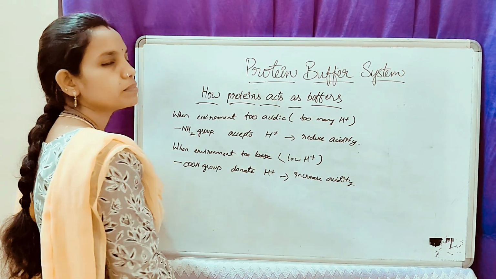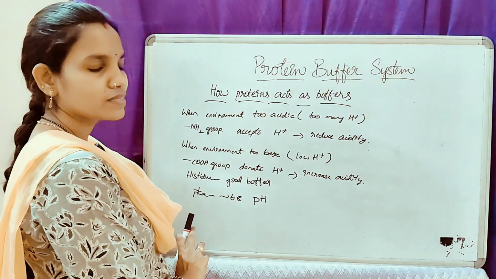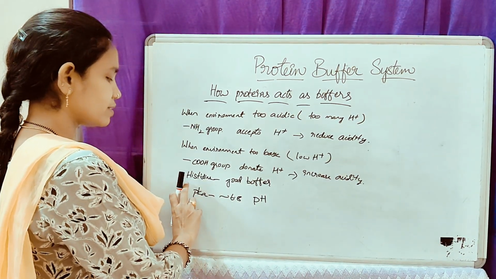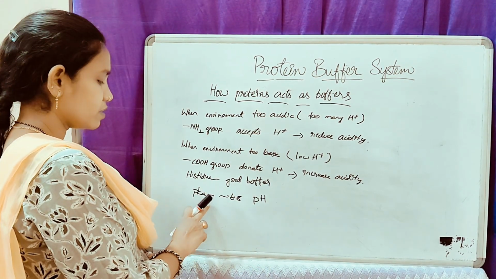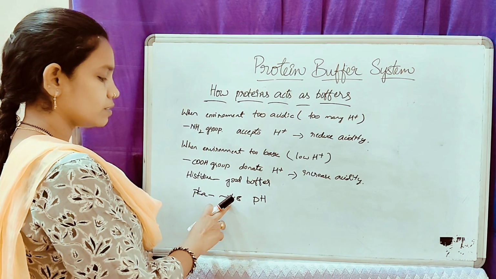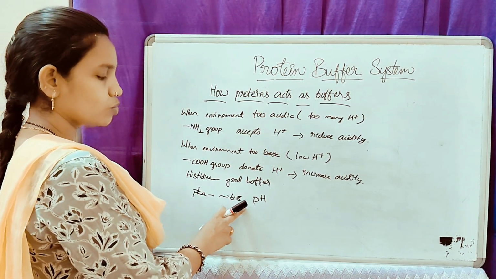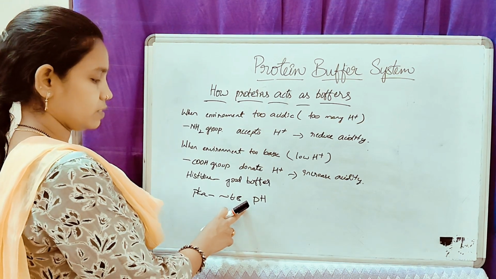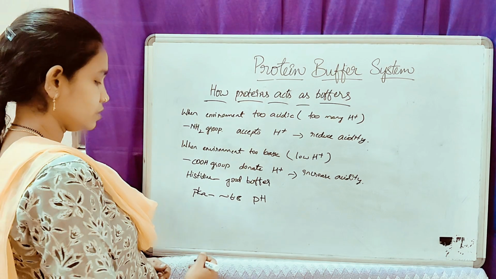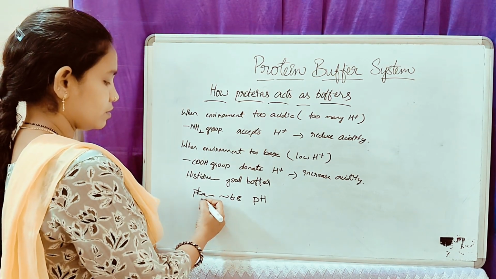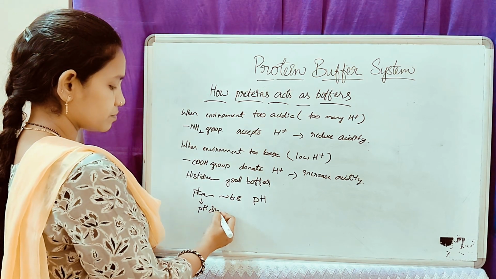So this all depends upon the pH of the environment. So here certain amino acids like histidine, they are good buffer which are having a pKa value that is approximately 6.8, which is very close to the physiological pH and is making them very effective in resisting the pH changes.